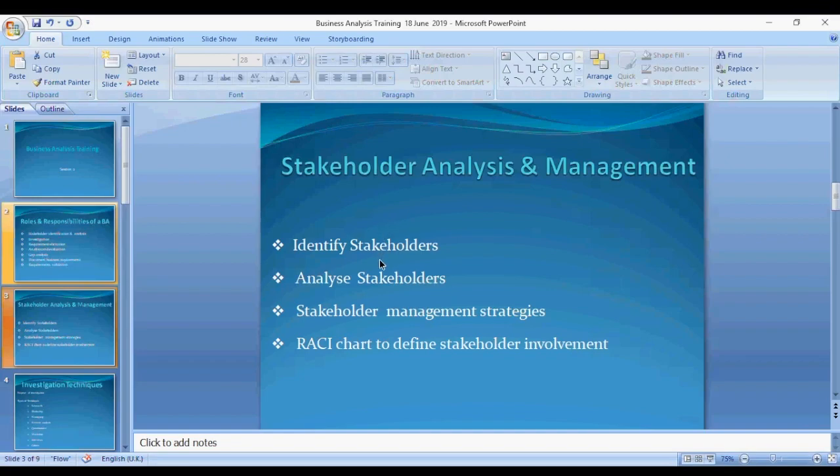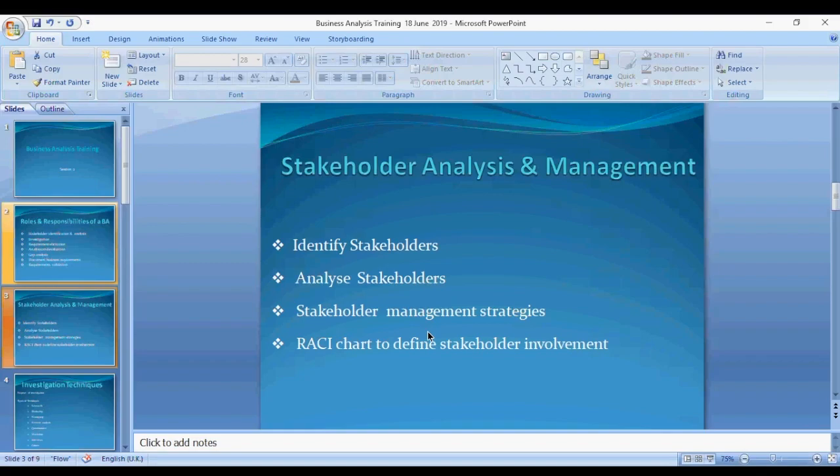Okay, so once you identify your stakeholders, one thing to note is that during the project, a person who has high interest and high power may change as the project progresses. So it's not always static. Their interest or their power is not always static, because somebody may move from that project to another department.